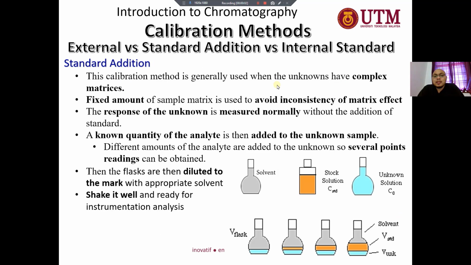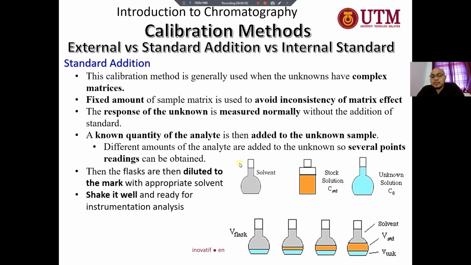The next calibration method is the standard addition. This calibration method is generally used when the unknowns have complex matrices, or in other words, when we are not able to perform a very good extraction method and cannot remove the interference. That is when we need the standard addition calibration method. In this method, a fixed amount of sample matrix is used to avoid inconsistency of matrix effects.